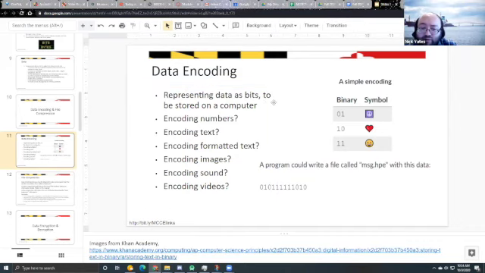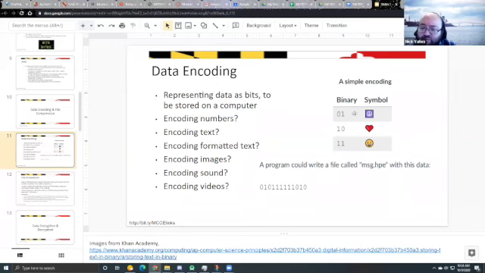And the encoding algorithms are usually public, that is, something very clear to people so that everybody can encode their data in the same way, and they can also translate backwards and look at those bits and decode them back to the original symbols or whatever it is.